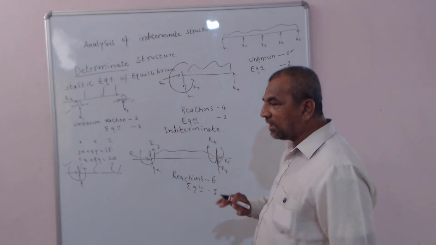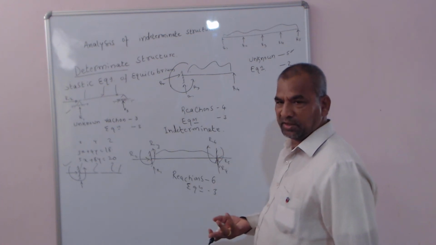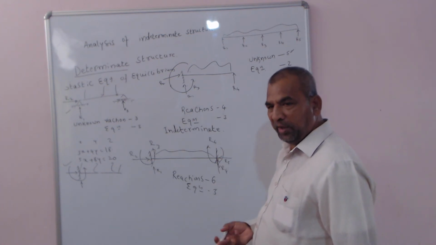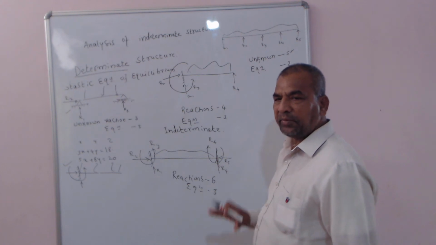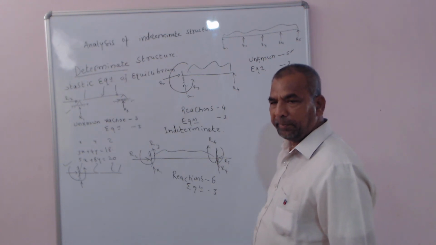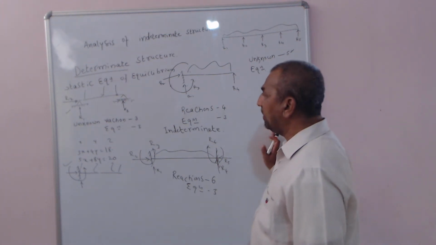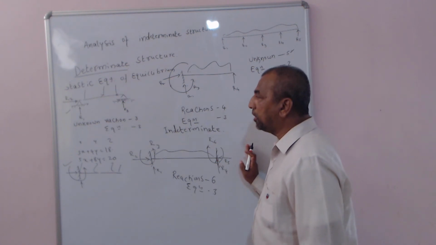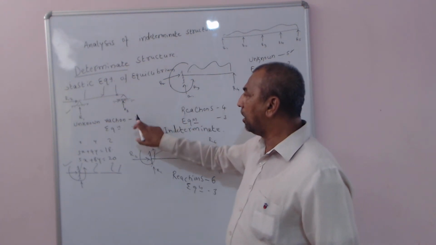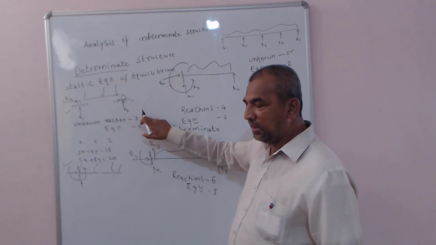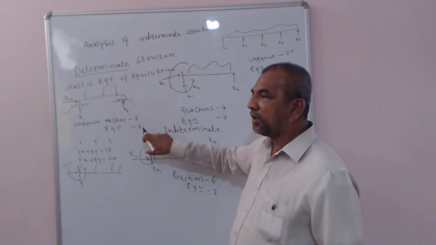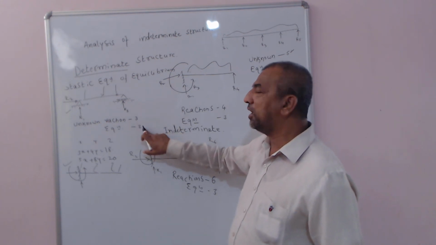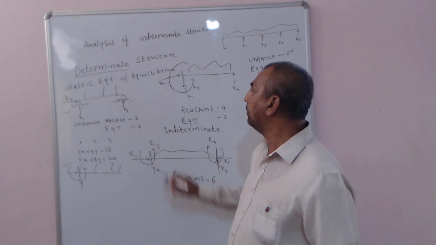We cannot get the responses of the structure only by using the static equations of equilibrium. In case of the determinate structure, the unknown reactions will be less than or equal to the static equations of equilibrium.